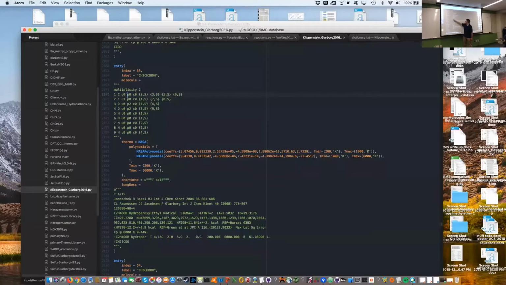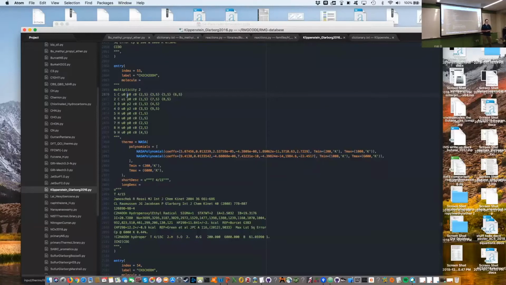U is unpaired electrons, P is paired electrons, and C is charge, which, except for certain special kinds of resonance structures, you shouldn't usually have. For some of the nitrogen and sulfur species, you'll have those. We also define the multiplicity, although that isn't always the case.